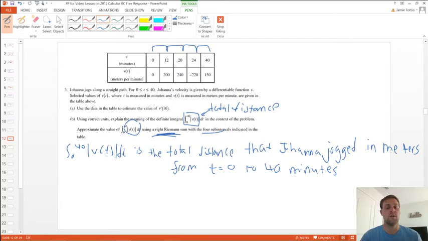Anytime we've used a Riemann sum to estimate, it was always approximating displacement, or an accumulation of distance. It never talked about total distance because we've never done absolute value. So in this case, if we have any negative velocities, they have to become positive velocities. We can't have the negative make us backtrack a little bit. In the past, the displacement was the same as total distance because we've never really had negative velocities like this value in our chart before.